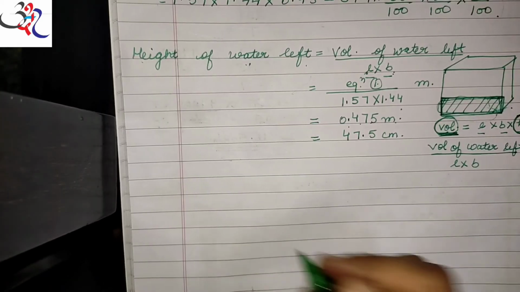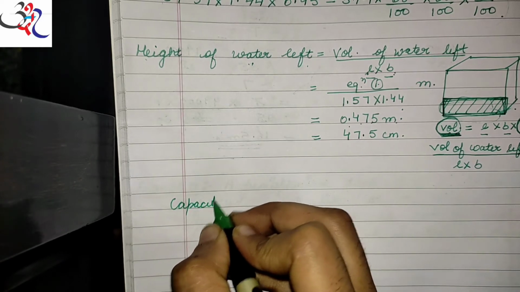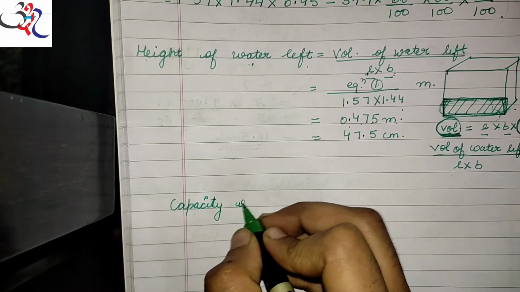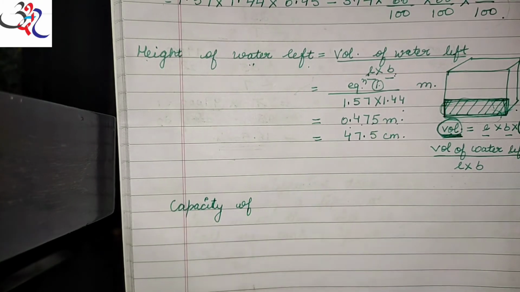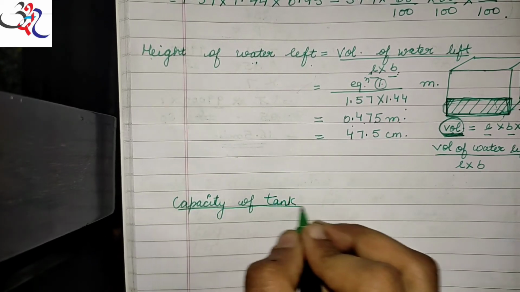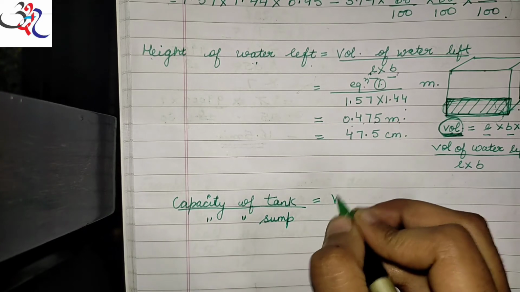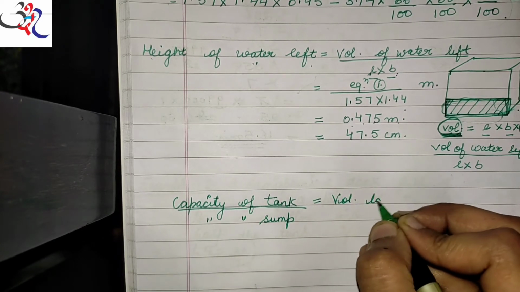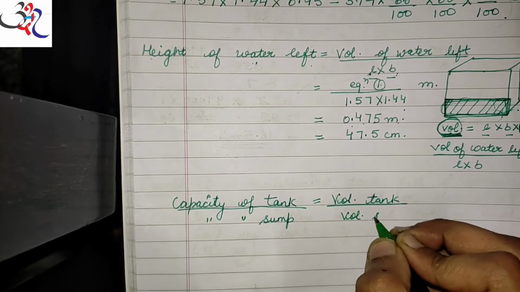Okay. Now the next part of this question is that we have to compare the capacity of the tank with the capacity of the sump. Capacity means volume. So the volume of the tank divided by the volume of the sump.